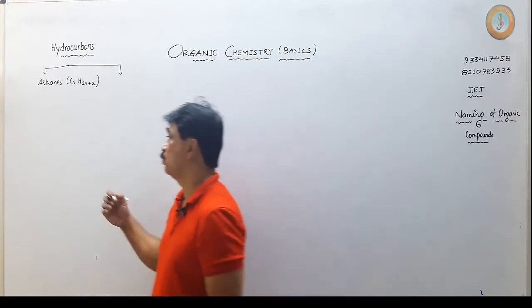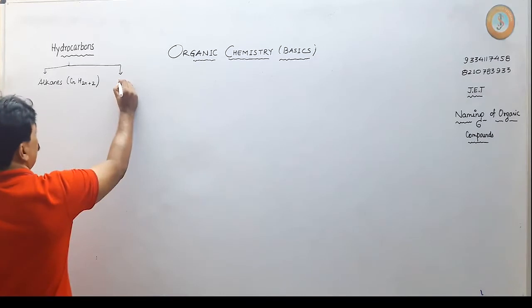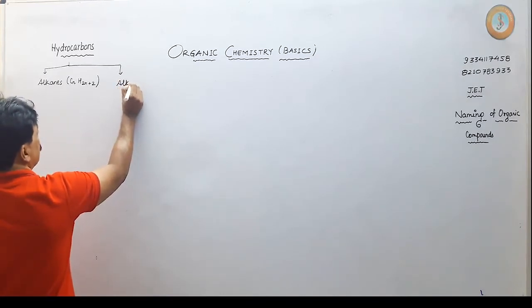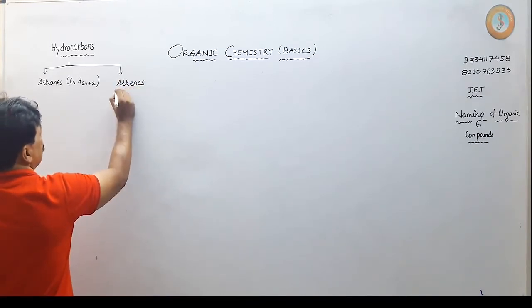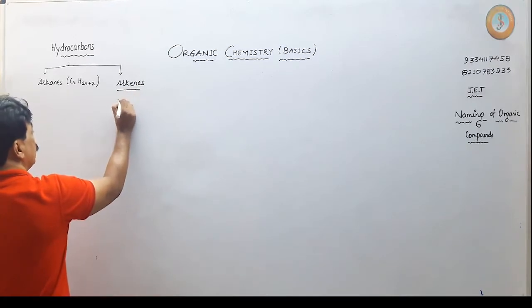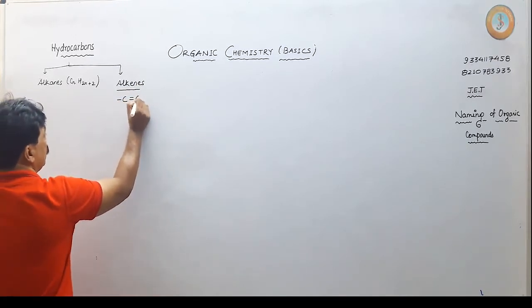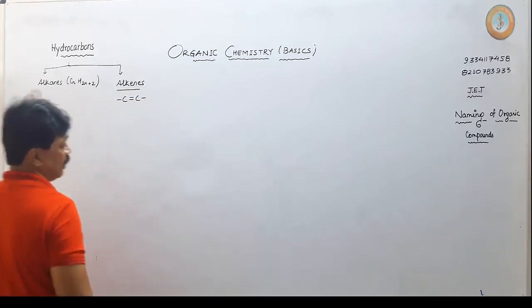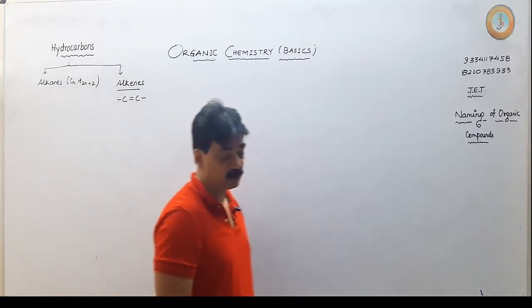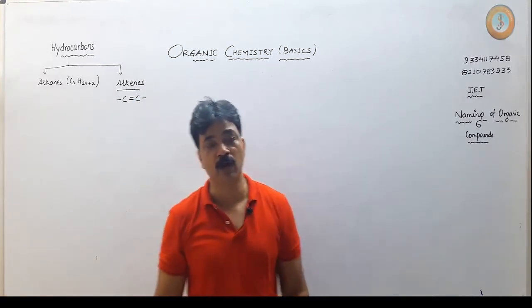So let us go ahead to the other part, in which there will exist at least one double bond between successive carbon atoms, and we will go with the simplest double bonded hydrocarbon.